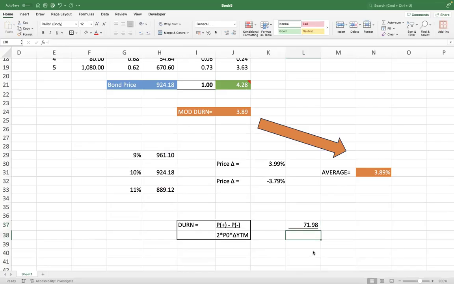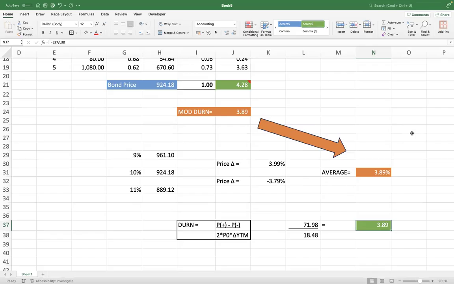Divided by twice the P naught, which is 924, into the change in yield, which is 1%. So if you do that, what do you get? Aha. So we actually get 3.89, which exactly matches the duration estimate.